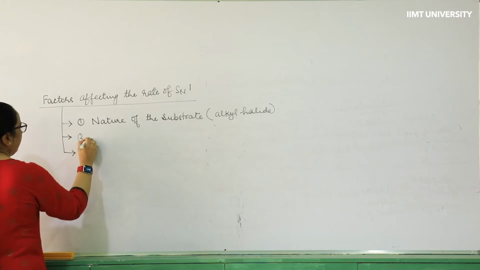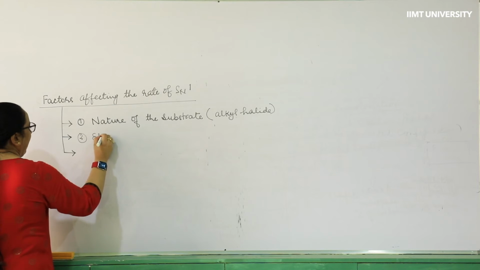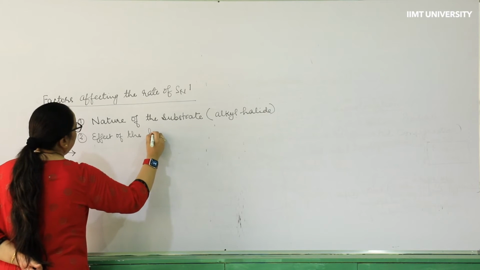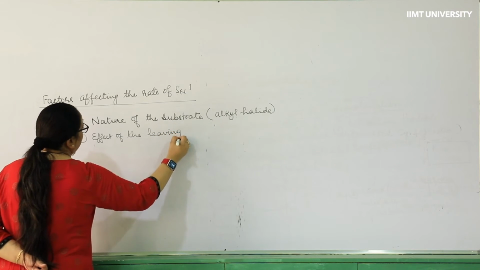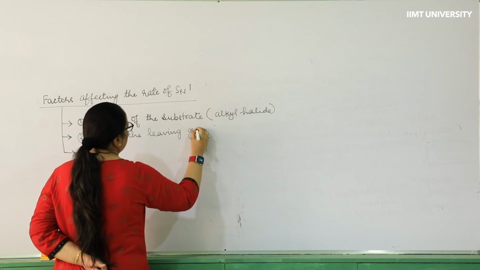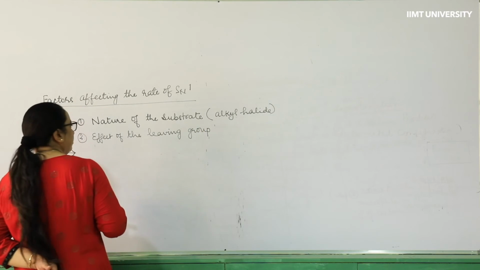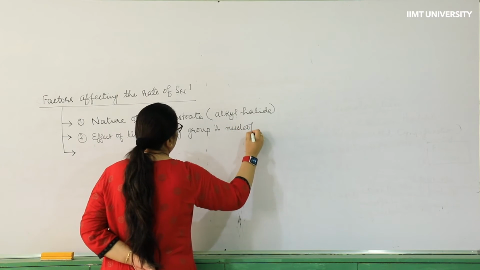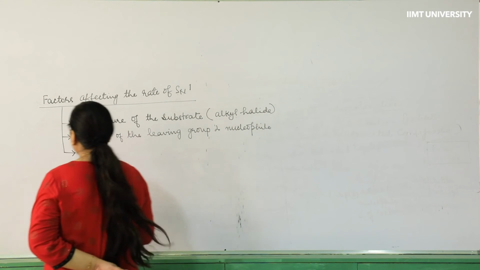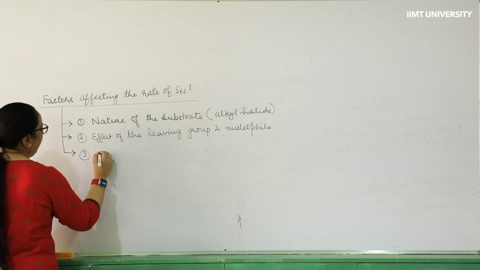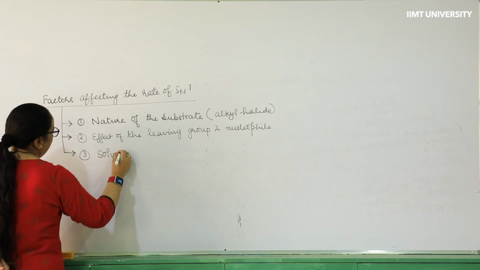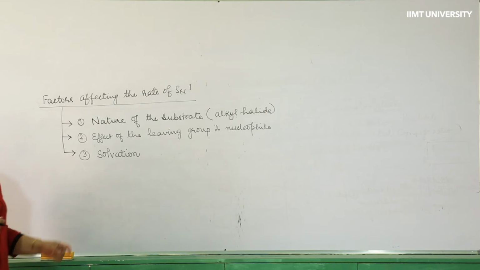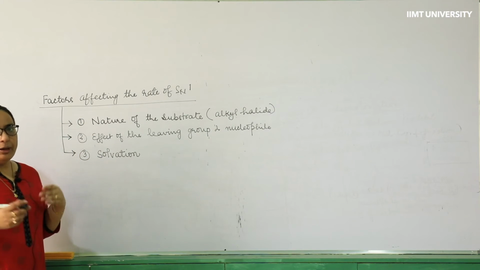Second is the effect of the leaving group, that is the halide group, and nucleophile also. And the third is the effect of the solvation. Let us explain the effect of these three factors one by one.